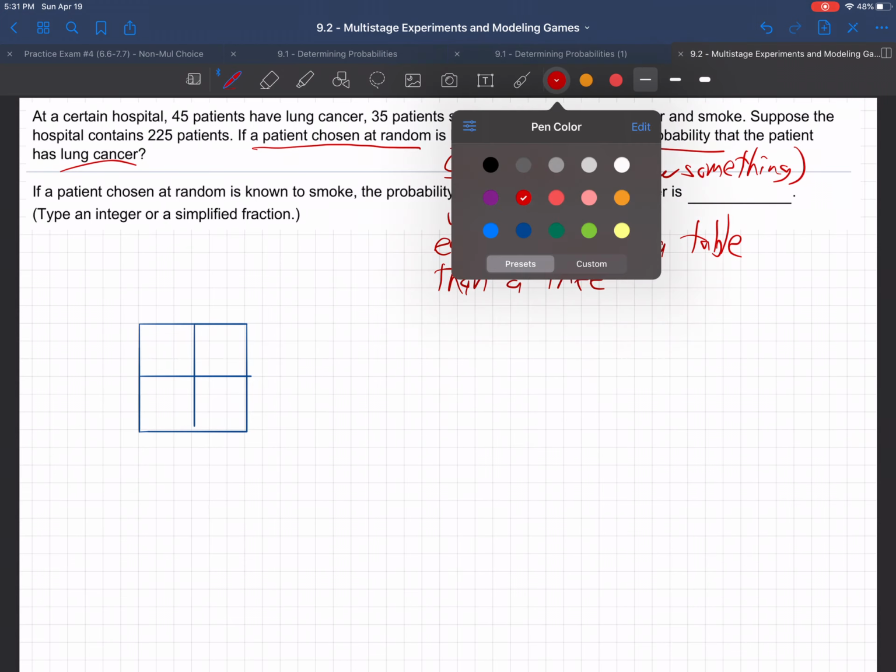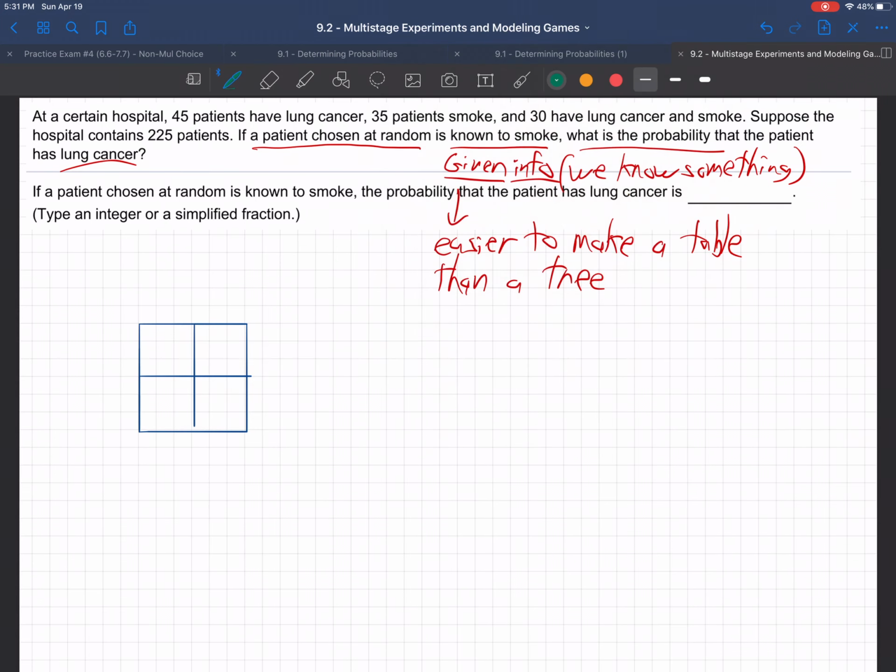Specifically, they're telling us what characteristics we're looking at in this problem. Well, the first one is whether the patient has lung cancer or not. Do they have lung cancer? So I'll say lung cancer. And what's the opposite of that? No lung cancer.